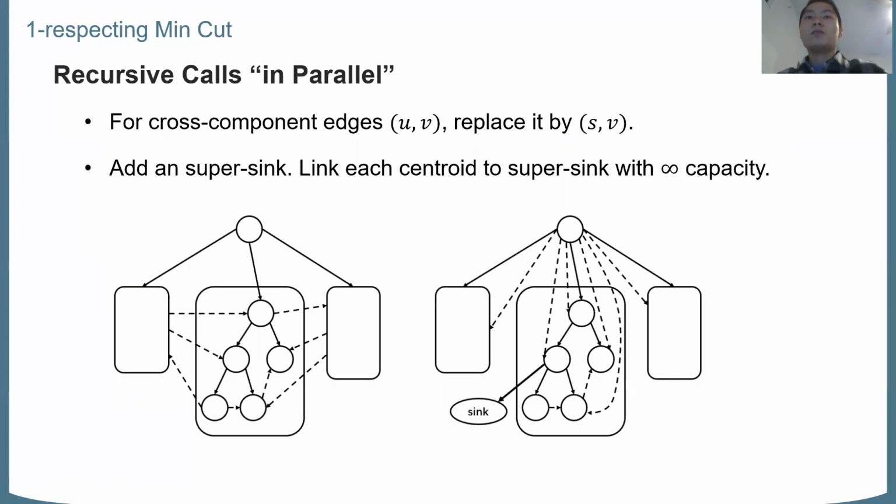Although there can be cross-component edges, since other components in the subproblems are contracted to the source, we can always replace such a UV edge by SV, without changing the nature of our max flow calls. So now all the components are independent max flow subgraphs, and we can run them in parallel by adding a supersink and linking everything to the supersink.